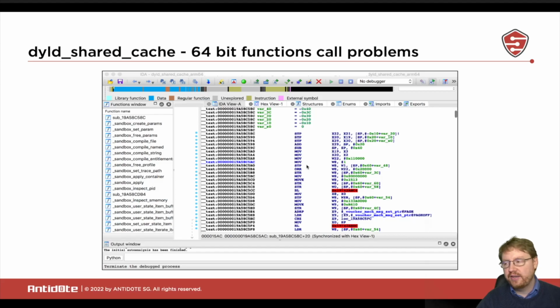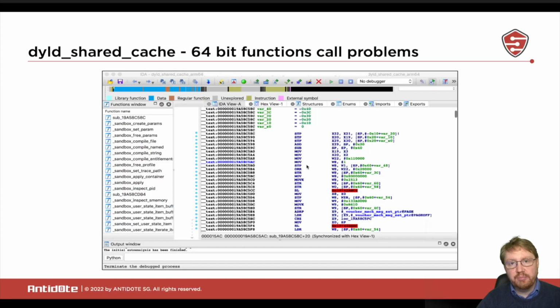When you do that, you end up with code like this, where the branches go to a red address, because that is the target address of the actual function, which you would not know, and it's outside of your module.